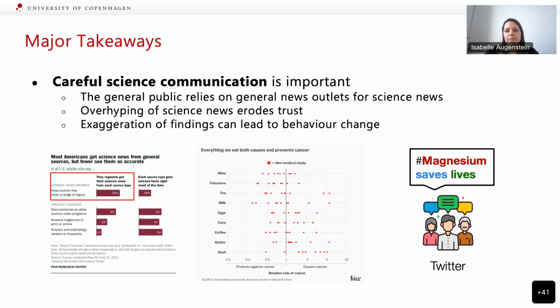Or magnesium saves lives as well. When we have this type of overhyped claims and exaggerations of findings, they can lead to behavior change. The example I had there was about magnesium, which can mean that some people start taking magnesium every day just because they think it can save their lives.